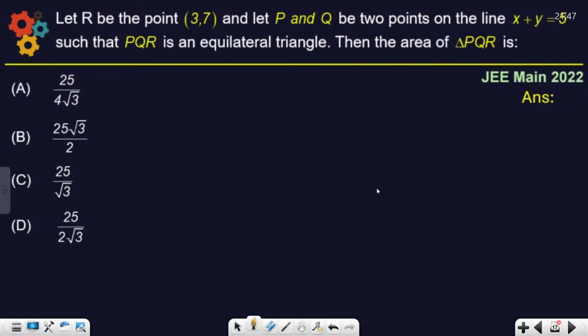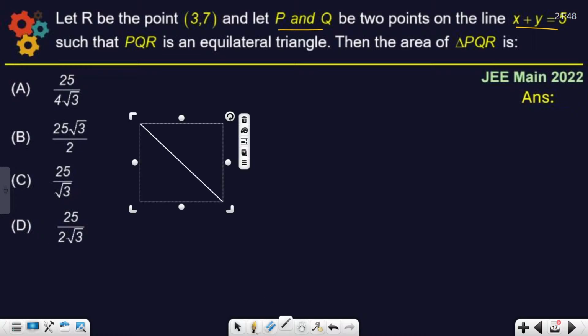This is the question which came in 2022 JEE Mains. What is the question? Let R be the point (3, 7), and let P and Q be 2 points on the line x plus y equals 5.